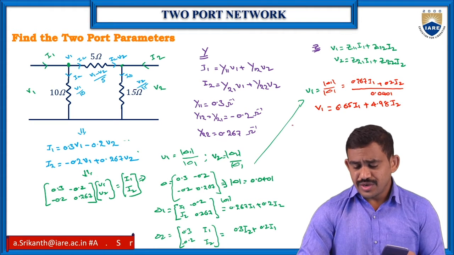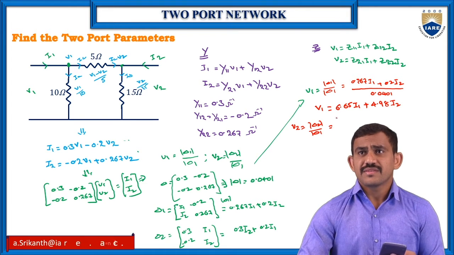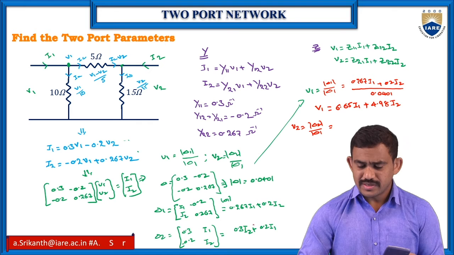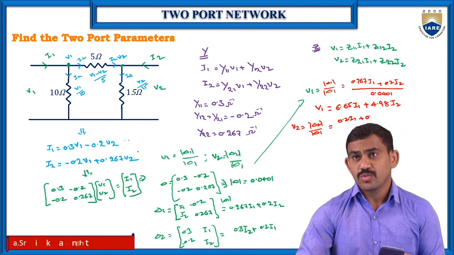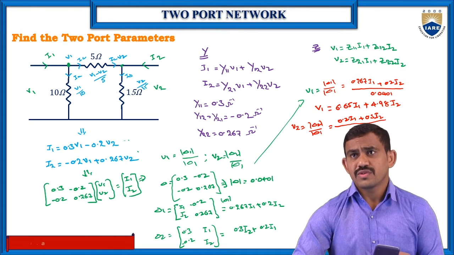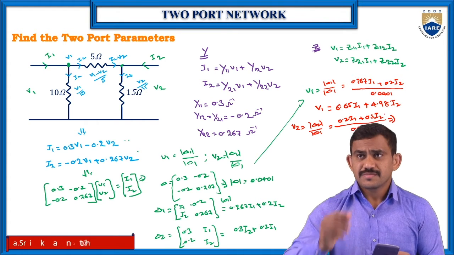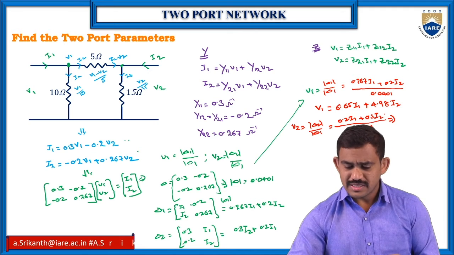Coming to V2 value, V2 value same, del of delta 2 by del of delta. Then the equation, so 0.2 I1 plus 0.3 I2 by your del of delta 0.0401. Then your equation we have 0.2, already we did that one.